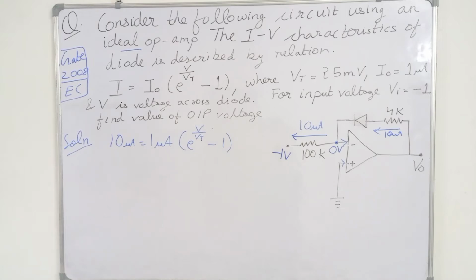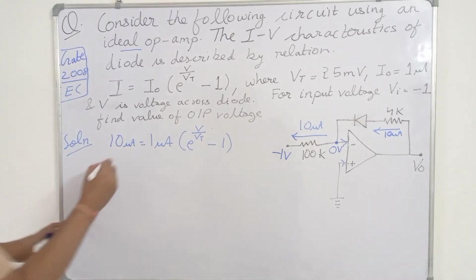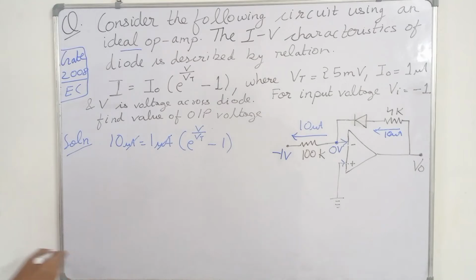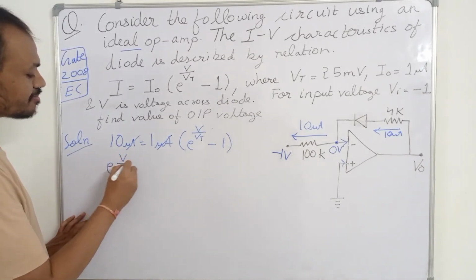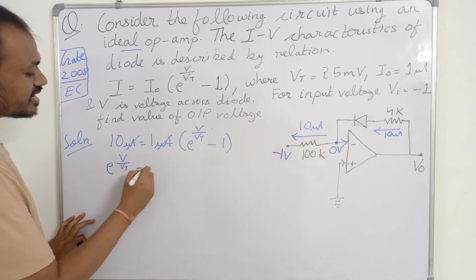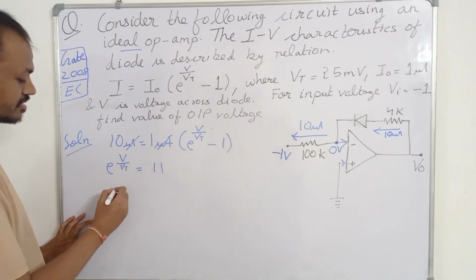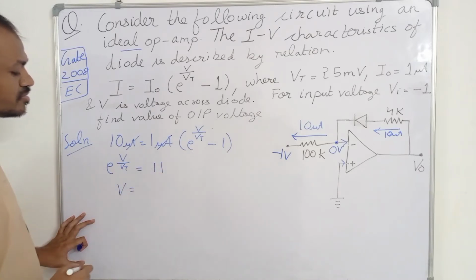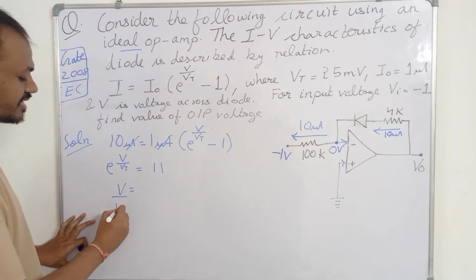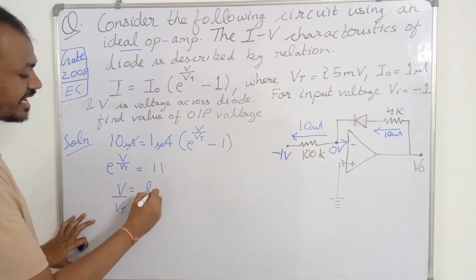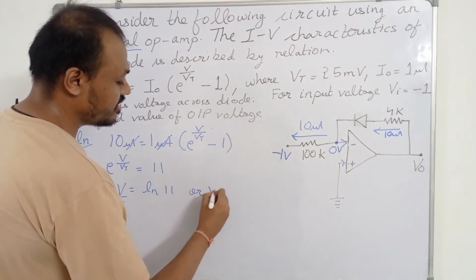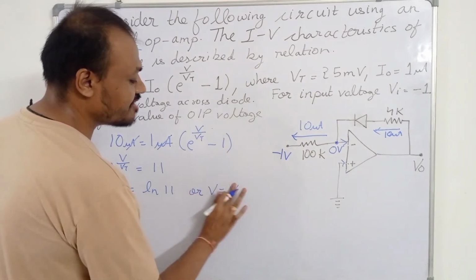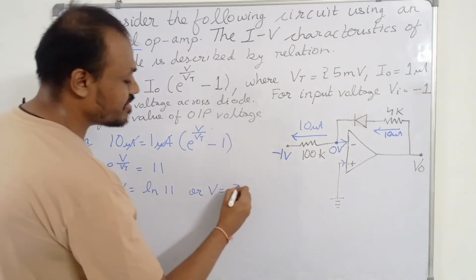If you solve it, the microampere and microampere will get cancelled. So we get e to the power V upon Vt equal to 11, or V upon Vt equal to ln of 11, or V equal to Vt times ln 11, and the value of Vt is given as 25 millivolt.